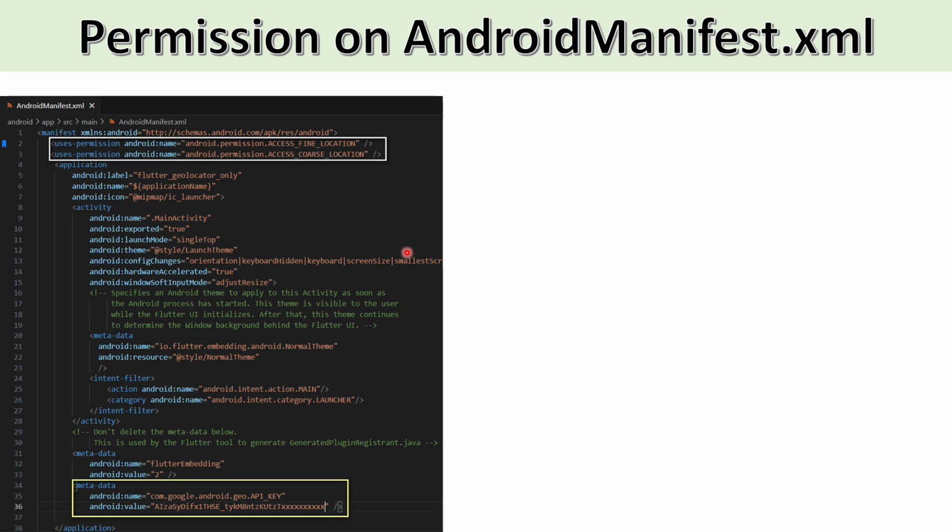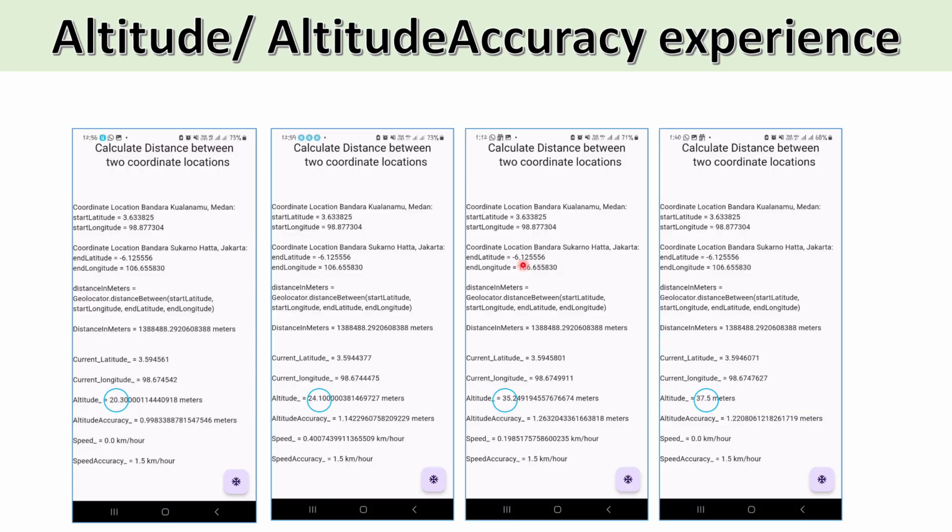Okay, don't forget on your Android manifest XML, you must put your API key here. Okay guys, this one I have experience.